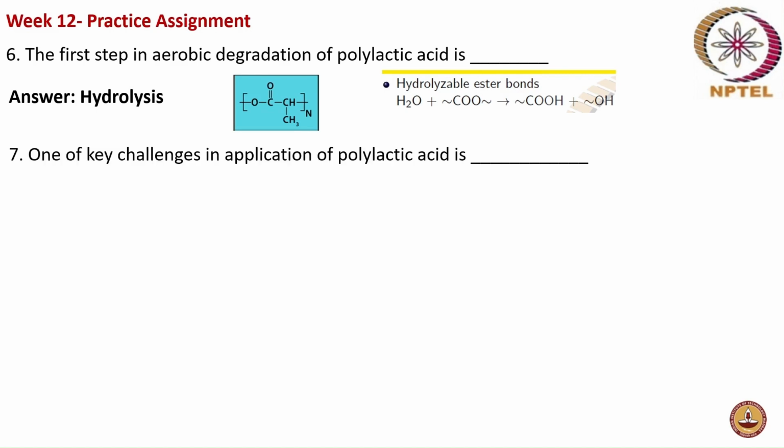Next. One of the key challenges in application of polylactic acid is, what is the key challenge? One of the key challenges in using polylactic acid extensively. What is it that is forming the hurdle in wide application of polylactic acid?